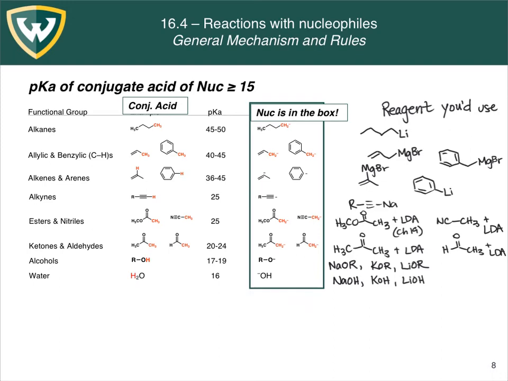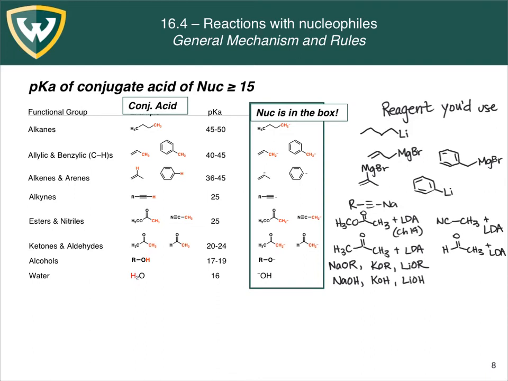And that's because we generate that directly from the original alkyne by treating with NaNH2, which we'll see later in this video. For positions next to carbonyls, we usually deprotonate those with LDA or potassium tert-butoxide. We'll be covering that in more detail in chapter 19.